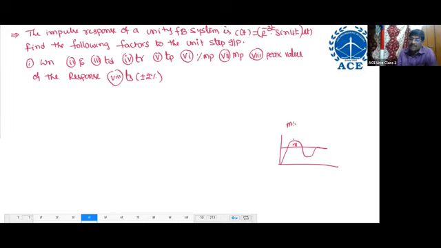What is the formula for percentage MP? It is e power minus n pi zeta. Change the n value: here n is 1, here n is 2, here n is 3, here n is 4, and you will get the MP values.